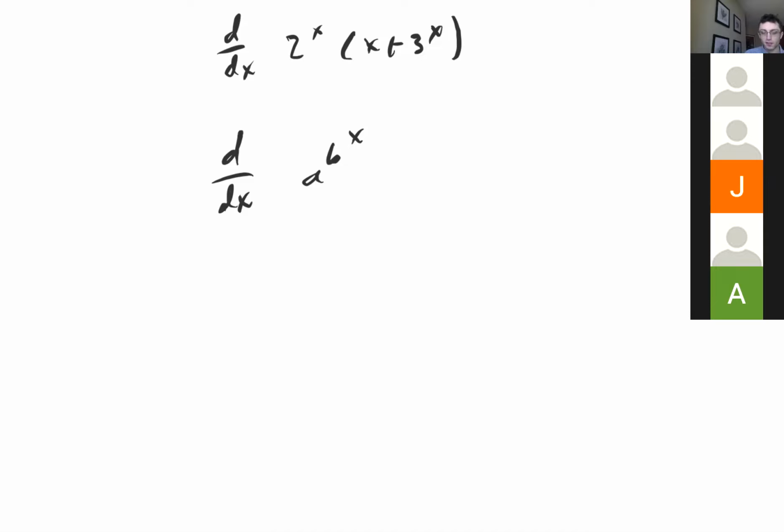You can't access the Overleaf? Is this a problem that more people are having than one? Oh, okay.